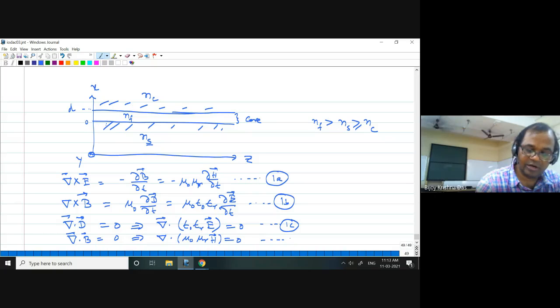So you can write 1d. If you see all these equations carefully, you can notice that I have taken mu r, a material property that can be 1 if it is a non-magnetic material, and I could easily take it out of the derivative, assuming that mu r is time independent.